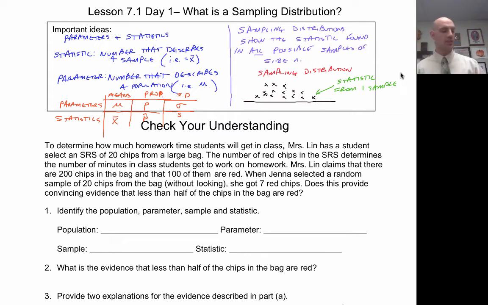What would be all the standard deviations displayed in one data chart? And so a sampling distribution shows all samples of size n, whereas a population distribution shows all individuals.